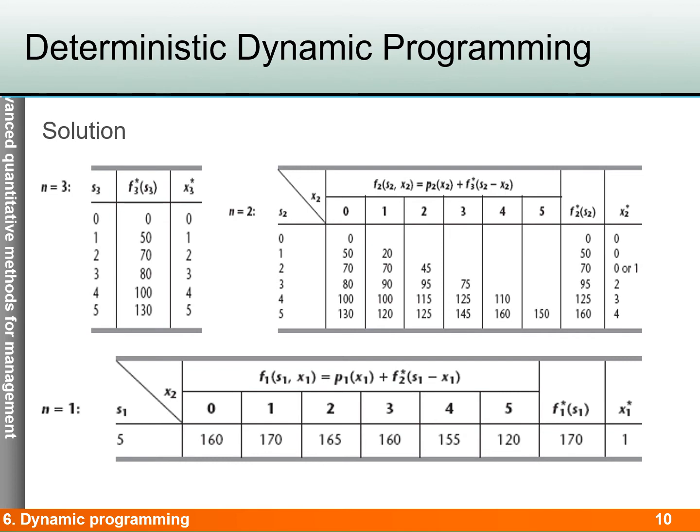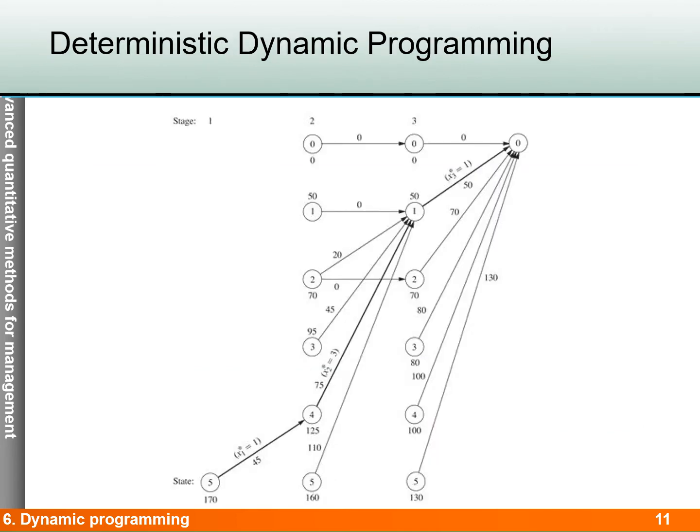country 1. This graph shows what we finished in the previous slide. As you see here, the total was 170, the total of the performance, the best performance, the maximum performance. And by allocating one medical team to country 1, 3 medical teams to country 2, and 1 medical team to country 3.